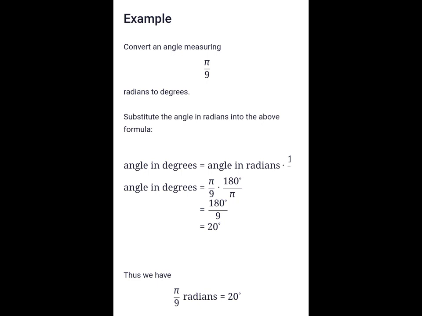Since we are converting to degrees, we multiply by 180 over pi. So cross out the pi, then divide 180 by 9. 180 degrees over 9, the answer is 20 degrees.